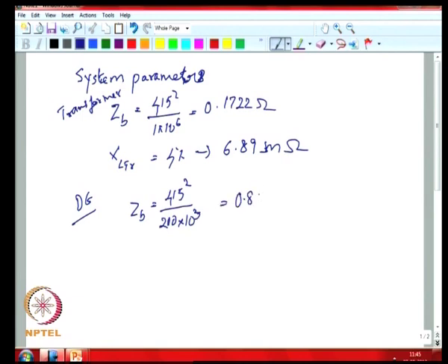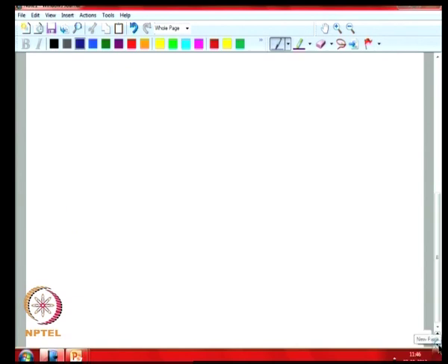So, its base impedance is 0.86 ohms, and you have the effective leakage of the DG being about 10%. So, that corresponds to 86 milliohms. So, next we could look at the first case.